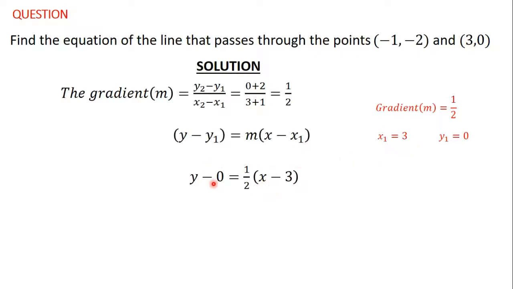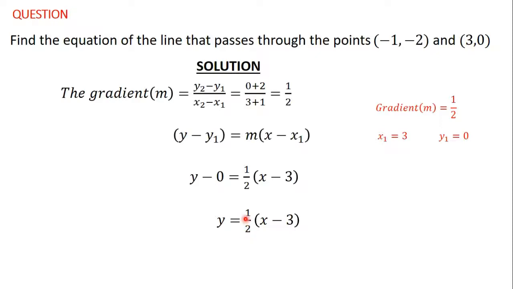Y minus y1 will give us y, so we have y is equal to m into bracket x minus x1. I want to cancel out the fraction from this equation, so I'll multiply through by the LCM of the denominator. There is only one fraction, so the LCM of the denominator will be the same as the denominator.